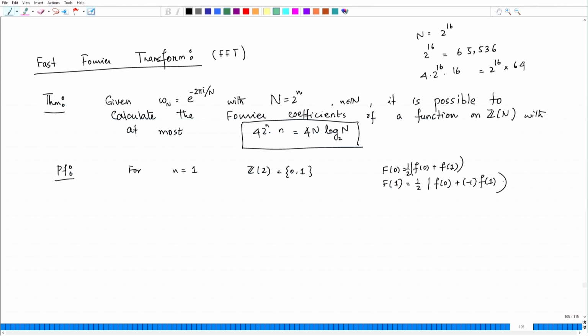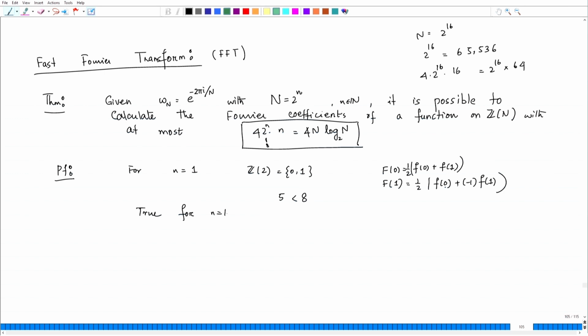How many steps are needed? Only 3 steps are needed, and this is definitely less than the bound, which would be 8 for n equal to 1.